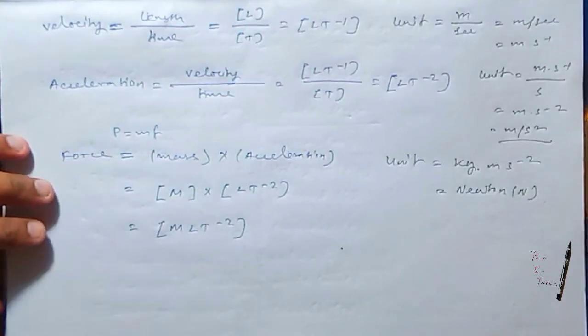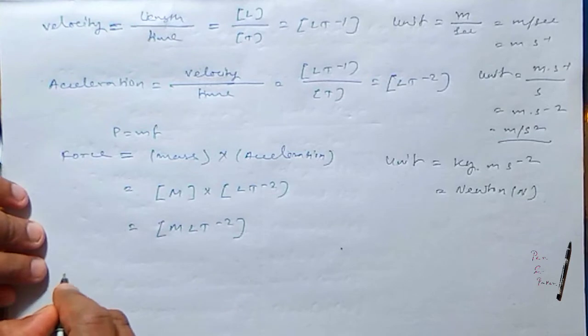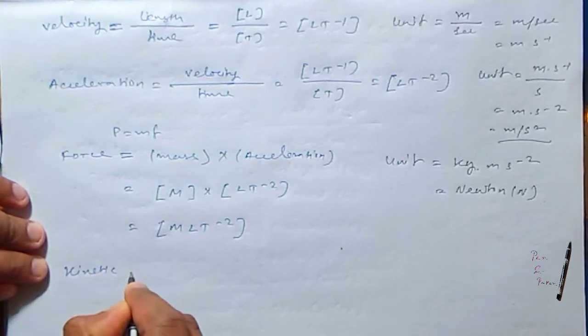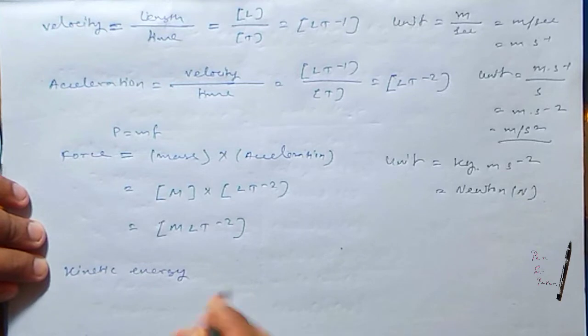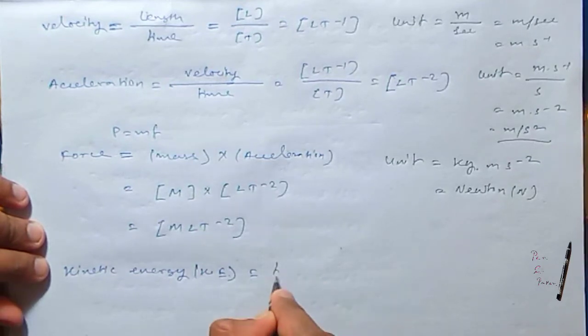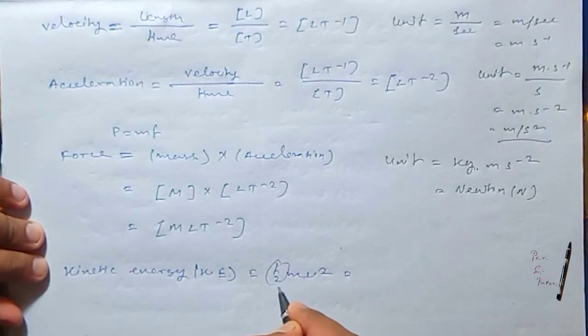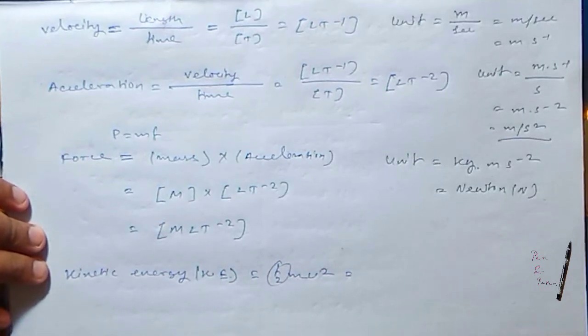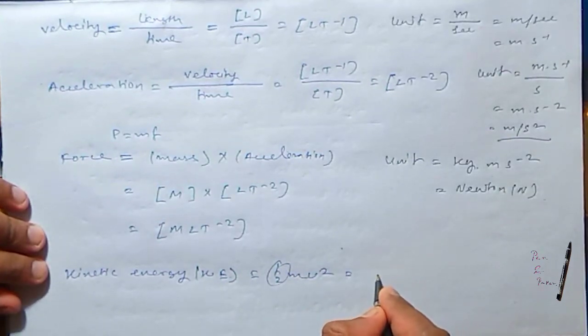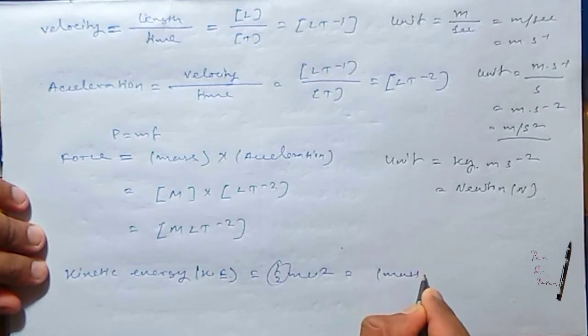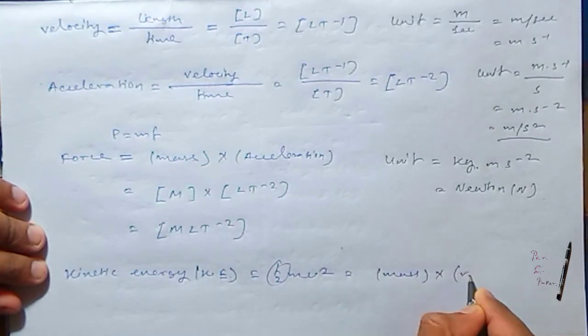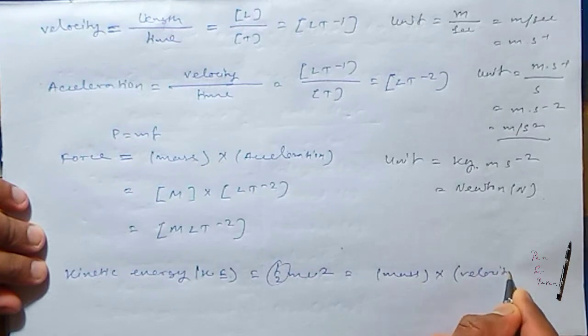Now let us find the dimension of kinetic energy. From mechanics, the popular expression of kinetic energy is half mv square, where half is a constant. We can neglect it in the dimension and unit analysis. So it will be mass into velocity square.